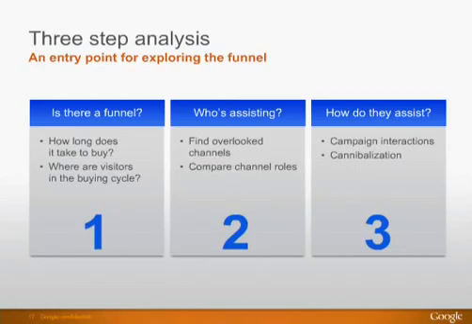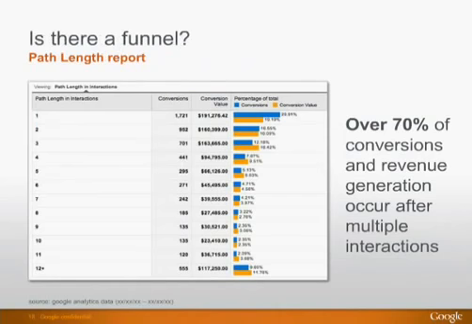That could mean that it may not be worth a tremendous amount of time investing in exploring these different approaches to attribution because you just have a very short sales cycle. It could also mean that you're not investing in any touch points that are higher up in the funnel, because you can't really measure what you're not doing. So first answering that question of is there a funnel is really important.